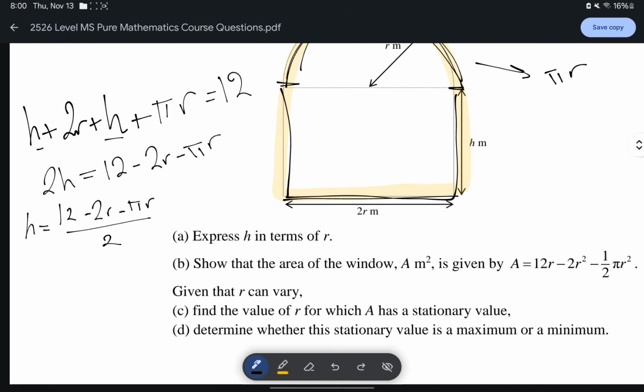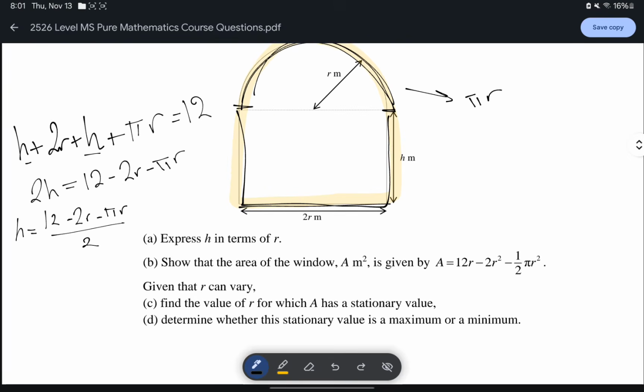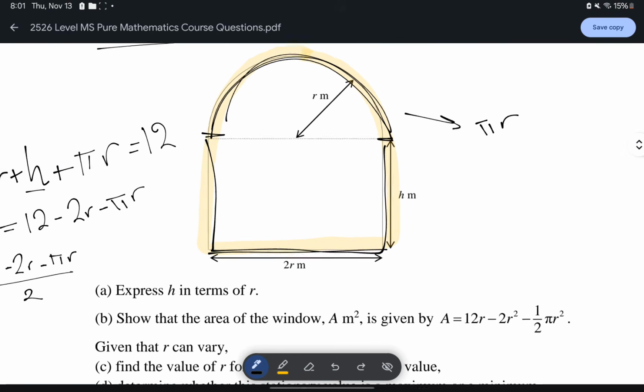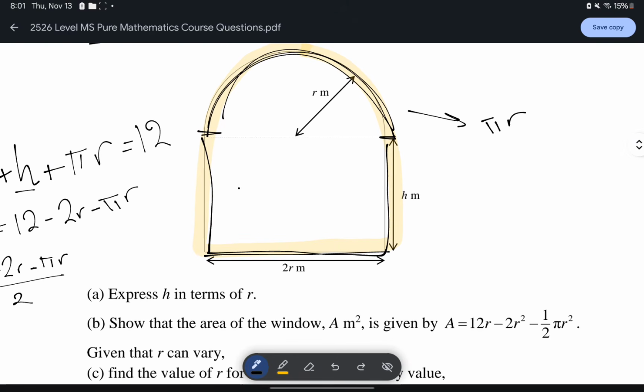Part B, they want us to show that the area of the window is given by A equals 12r minus 2r squared minus half pi r squared. So that means this area plus this area. This area at the bottom here is base times height, so it's just 2r times height.